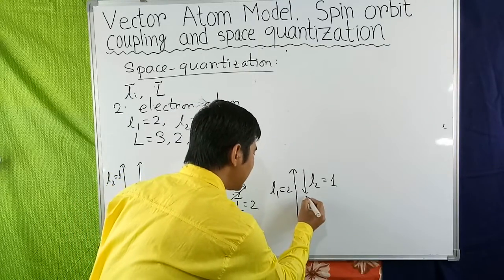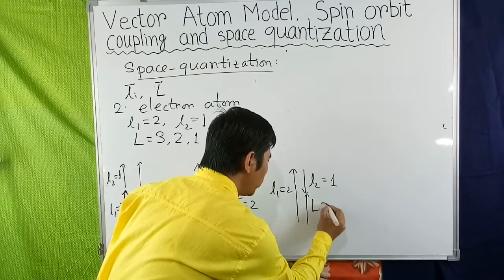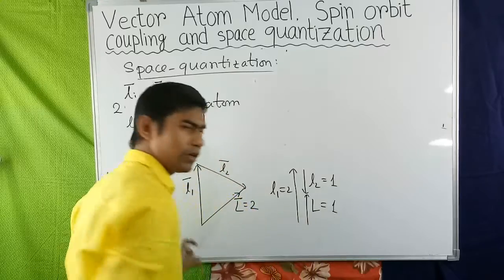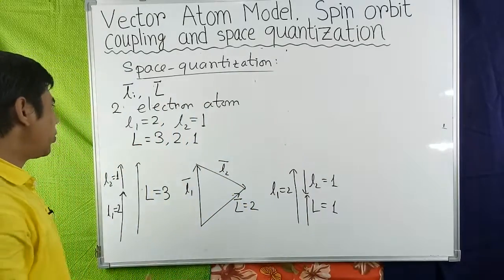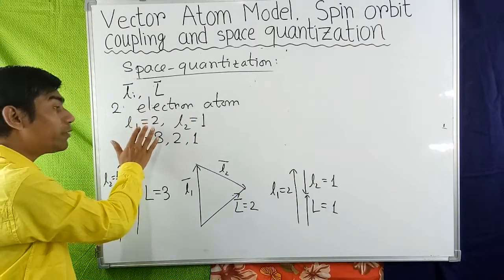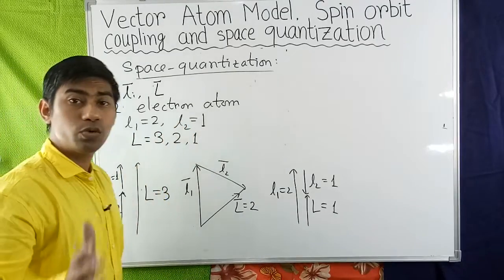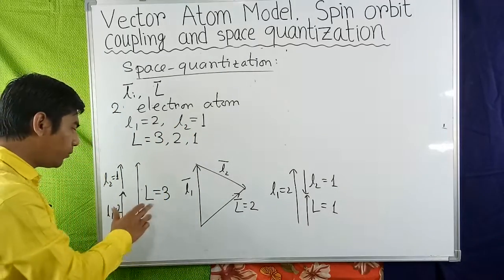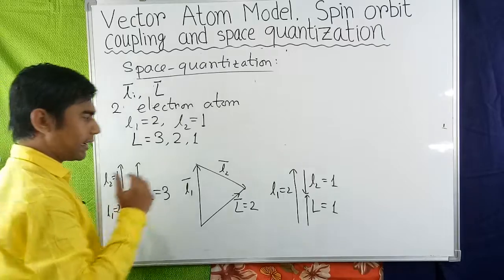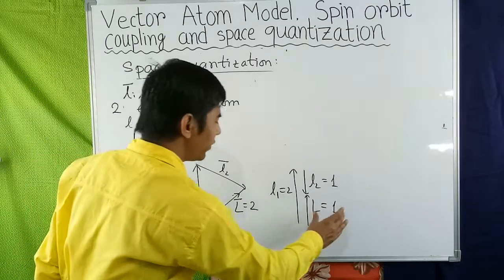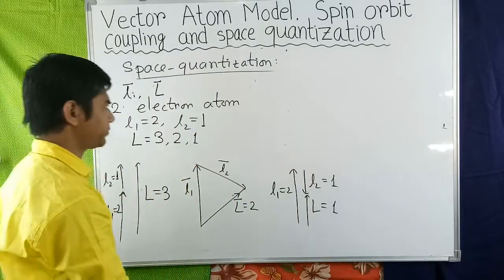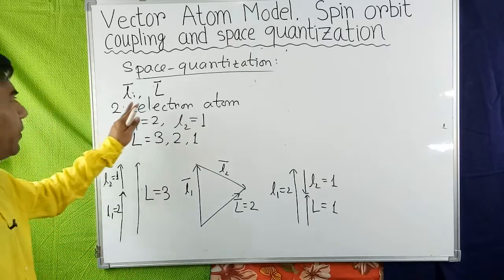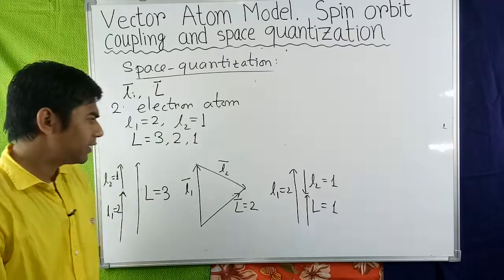So the resultant L is L equals to 2 minus 1, that is 1. So for a 2 electron atom with L1 equals to 2 and L2 equals to 1, L has three values. One value of L is 3, the second is 2 and the other value of L is 1. So these are the addition of Li are quantized.